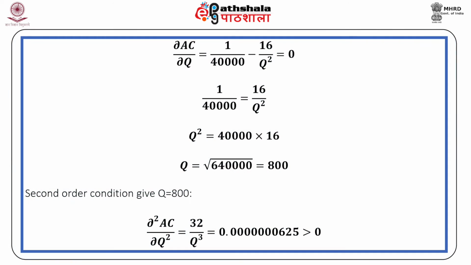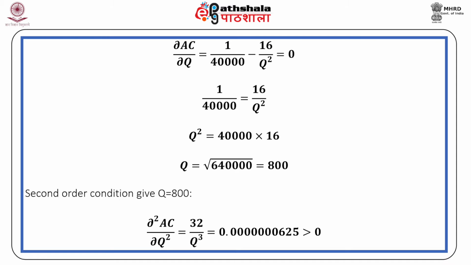The first order condition, ΔAC/ΔQ = 1/40,000 − 16/Q² = 0, which gives us 1/40,000 = 16/Q², where Q is equal to the square root of 640,000, which is equal to 800.